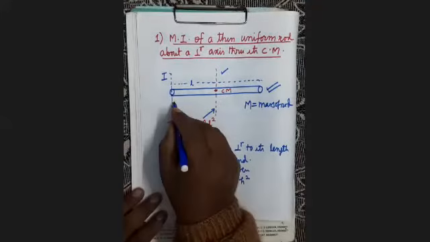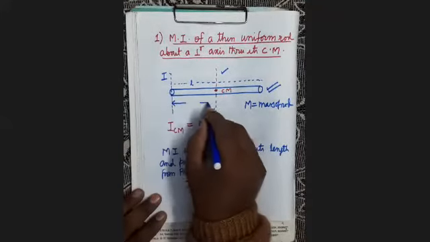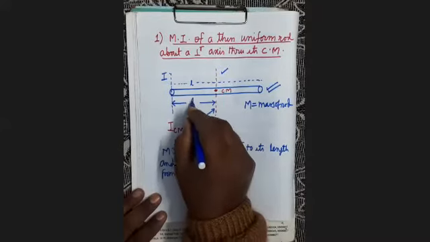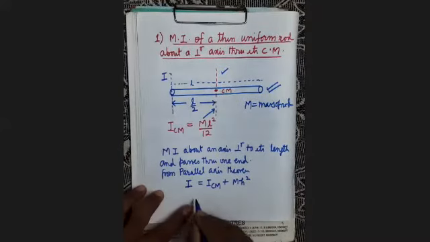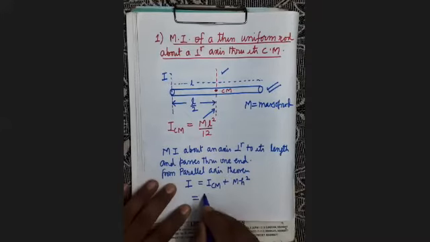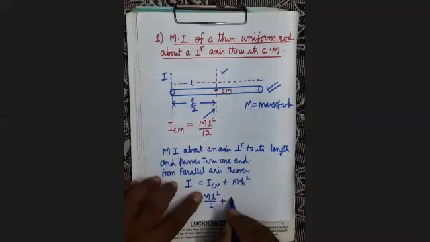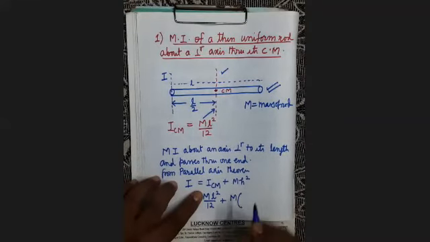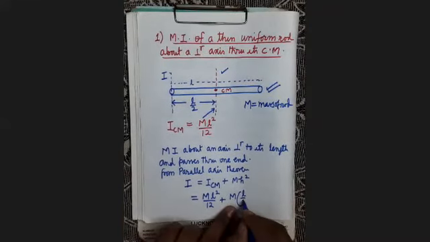So what is the distance between both the axes? It will be equal to L upon 2. So ICM already you know, ML square upon 12 plus M, and what is h here? L by 2 whole square.